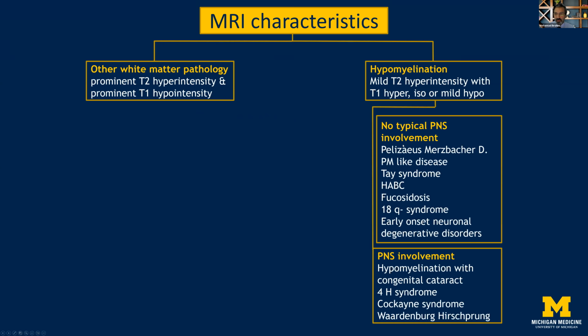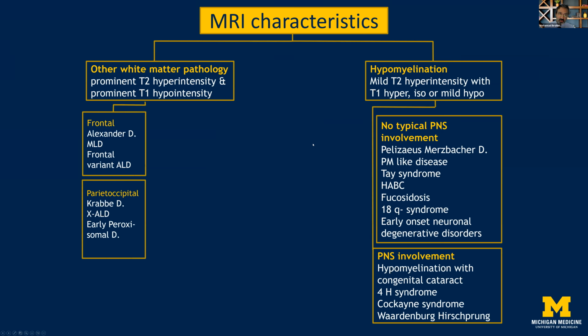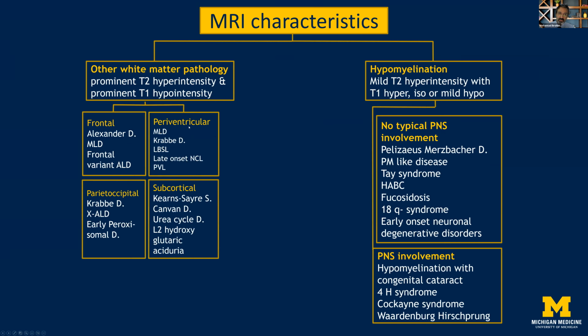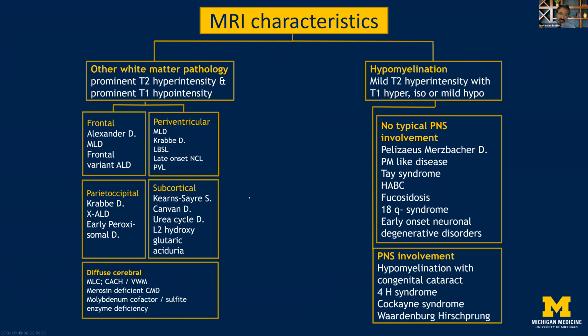In hypomyelination, we have a short list of differential diagnoses depending on the presence of peripheral nervous system involvement. However, in other disorders, we try to decide on the preferential involvement, whether there's a frontal or parieto-occipital predominance, or preferential involvement of the periventricular and subcortical white matter, and then diseases that present with diffuse cerebral involvement.